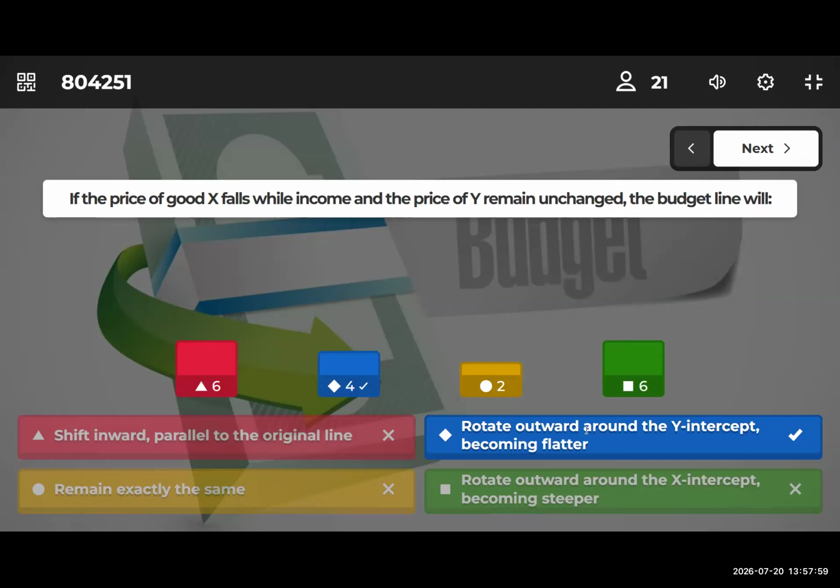Only 4 of you chose rotate outward around the x-intercept. That is when the price of Y falls. Here the price of X falls, around the y-intercept, because the price of Y doesn't change, right? Okay, be careful.